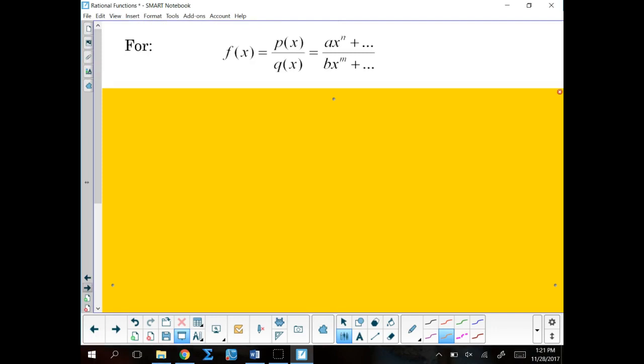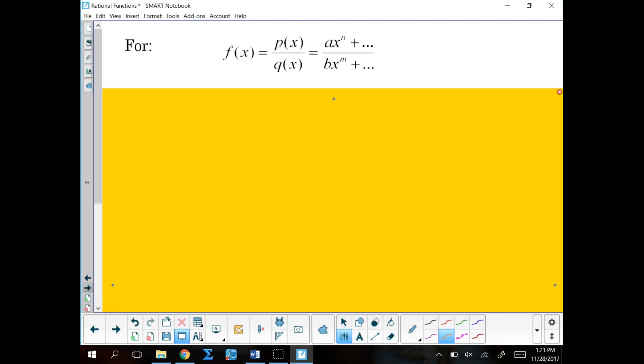Okay? So, for any rational function, f of x equals, rational functions, remember, have a function for the numerator and a different function for the denominator. Really the only thing that you're concerned about in a rational function is the lead coefficient and the degree.